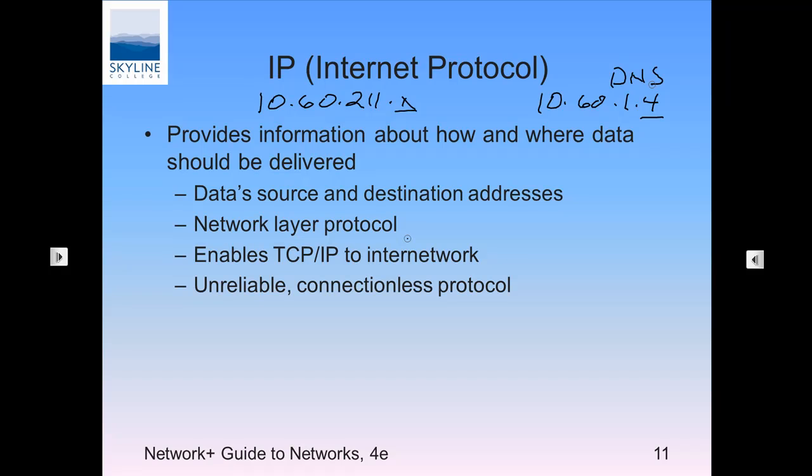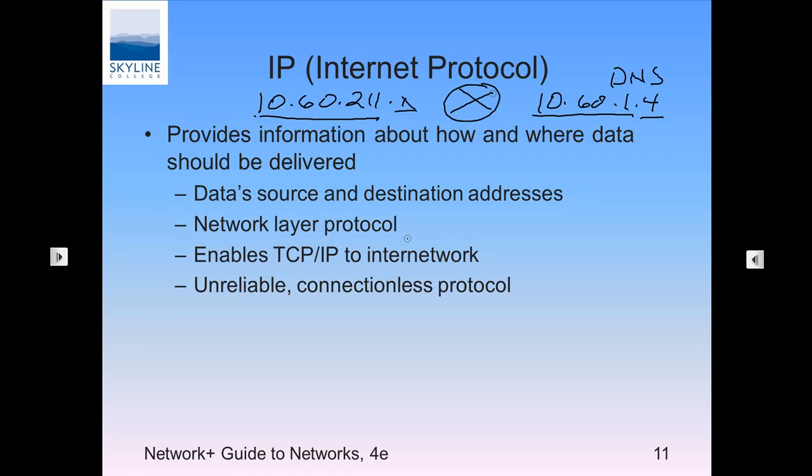But how are we going to get there? This number and that number are different. They're on different networks. The network layer is what allows us to put a router in between and send it to a different network.